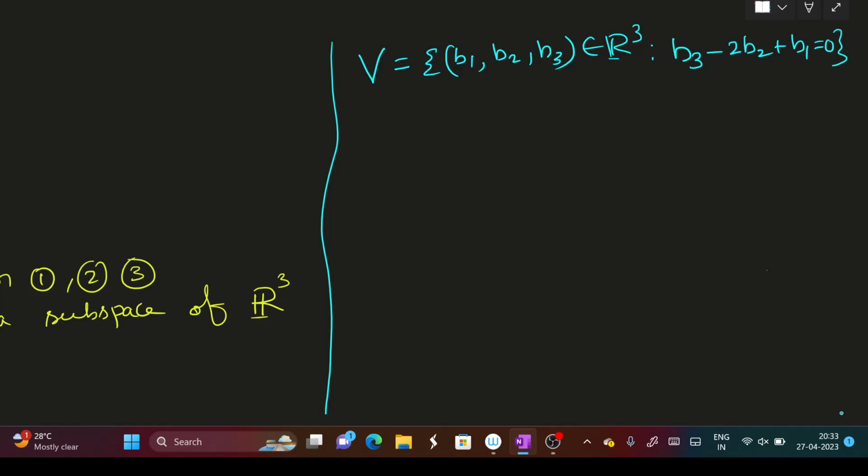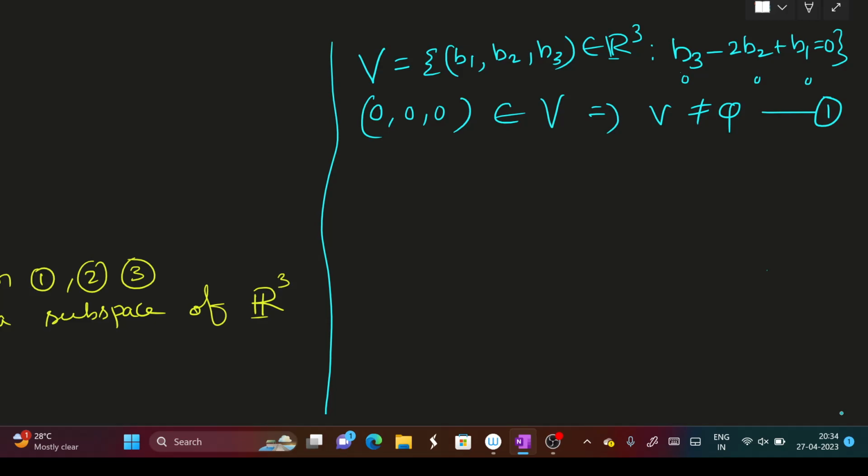The set of all vectors satisfying these conditions is my V. So clearly, first the zero vector belongs to V, because putting 0, 0, 0 here, the result is 0. That's why V is non-empty. The first condition is over.